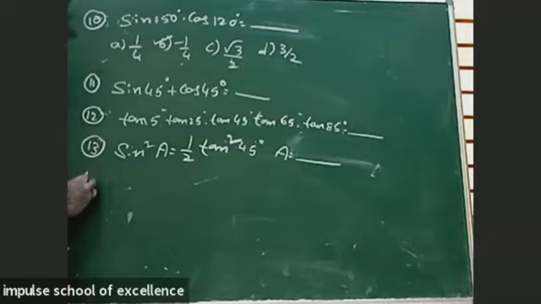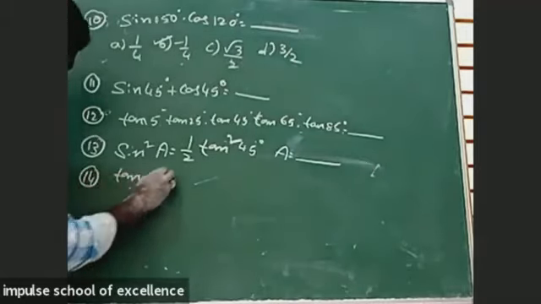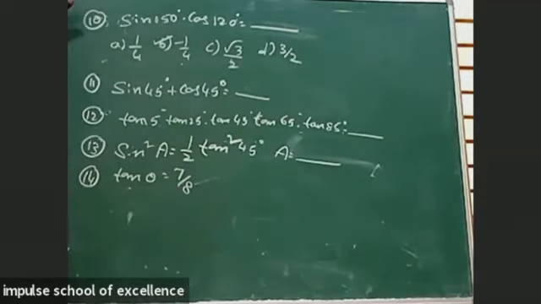Next, last and final. Tan theta is equal to 7 by 8.